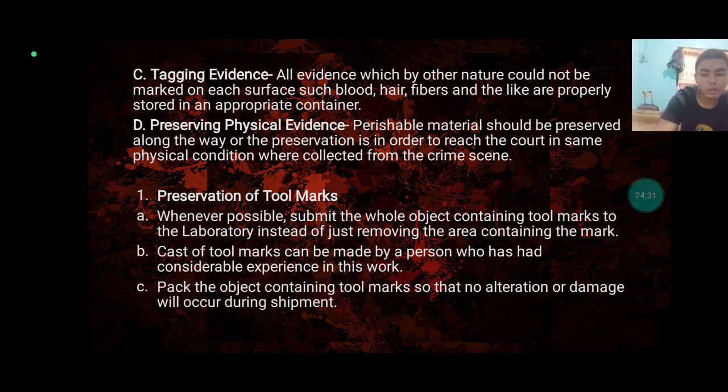After which, the container is put with a tag. Tagging physical evidence is done using a card wherein the initials of the investigator, date and time of collection, specific case, and other information are written.